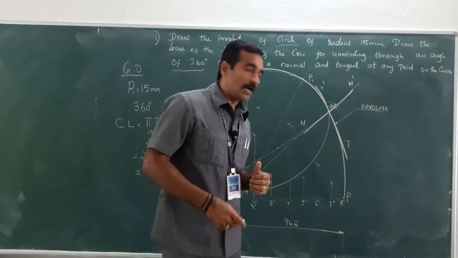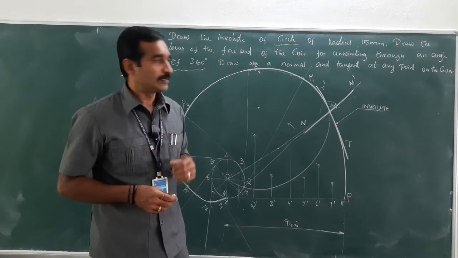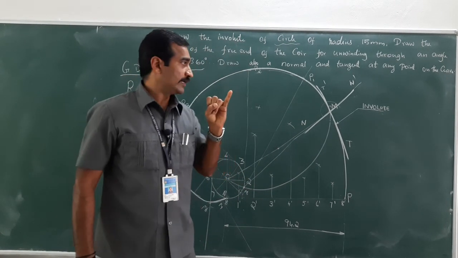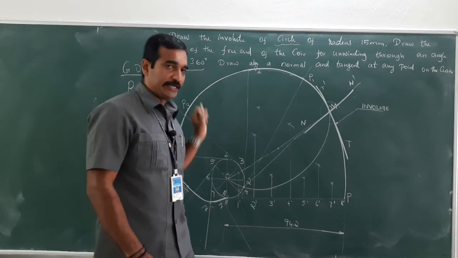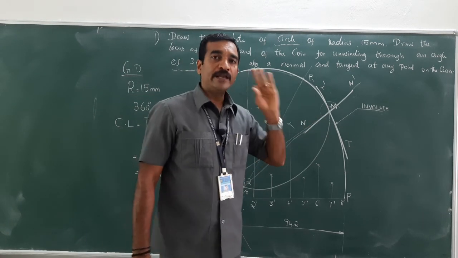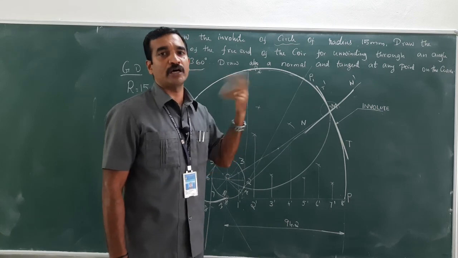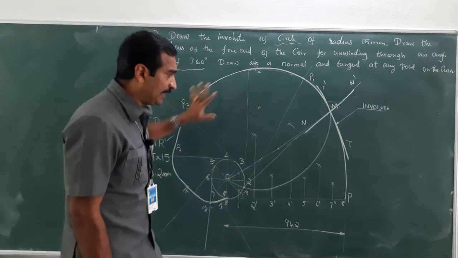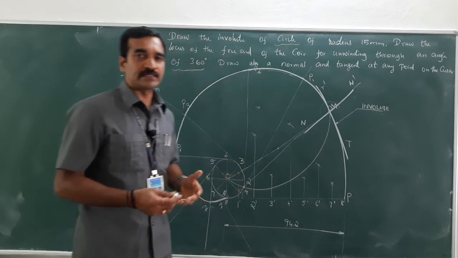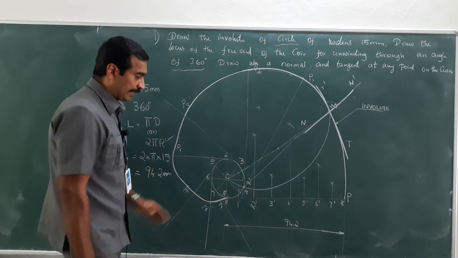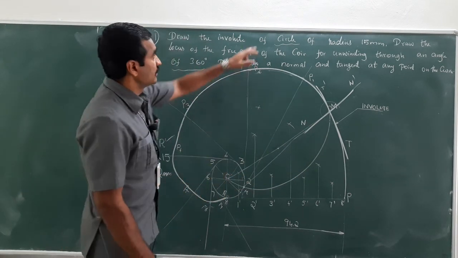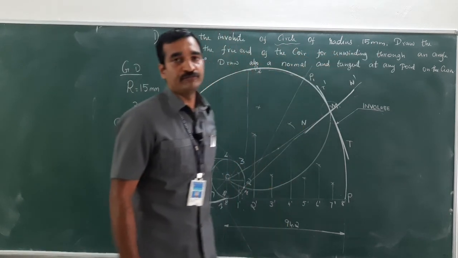Let me just reiterate the same thing. That means what are the things should be drawn as dark? The curve, that is profile, the involute, tangent and normal. These are the three things should be drawn as dark by using H or HB pencil. After completing the profile, what is next? The dimensioning. Dimensioning of the circle, because the radius of the circle is given 15.